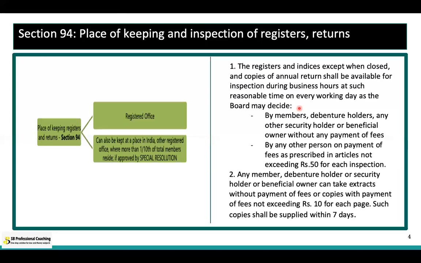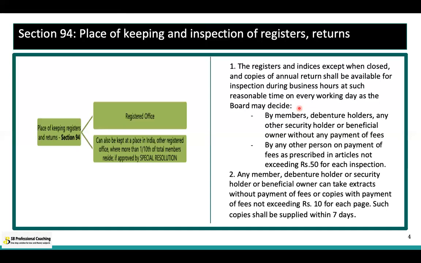During business hours, on every working day, at a reasonable time as decided by the board. If you want extracts, no payment of fees. If you want copies, then up to rupees 10 per page. Once the application is made, the copy shall be supplied to the requesting member within 7 days by the company. Okay, this is Section 94.